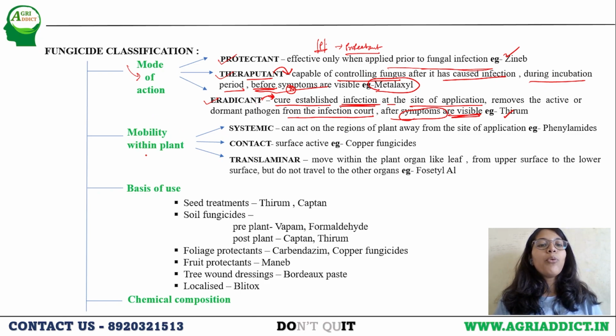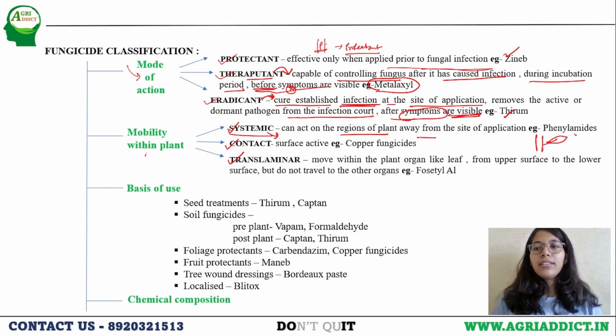And on the basis of mobility within the plant, fungicides are classified into three types: systemic, contact, and translaminar. Systemic chemicals are those which have mobility within the plant. That is, they can transport from one region of the plant to another. So for example, this is the plant.